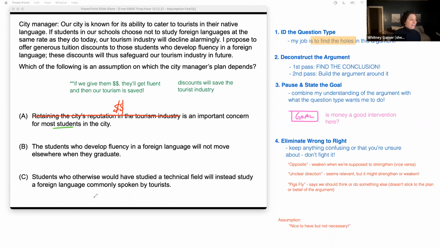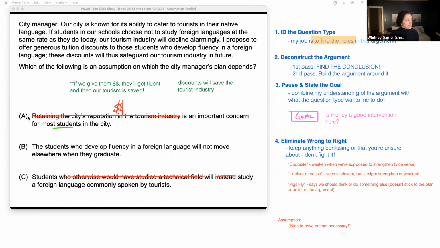Ditto for C. While it would be cool if students who would have studied a technical field change their mind, that would be awesome. That's a nice to have. It's not a requirement. What would have been a requirement here is that students will study a foreign language commonly spoken by tourists. That is something that has to be true. We need that to be true.